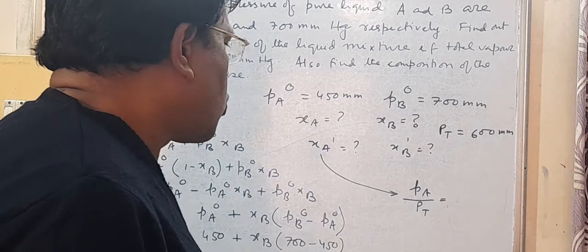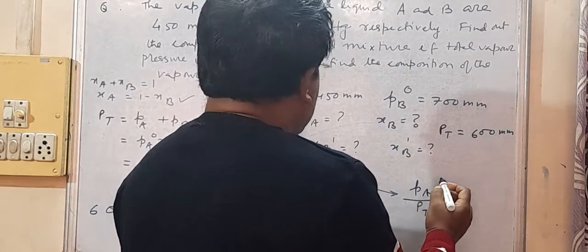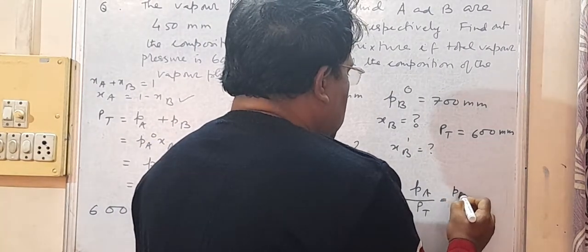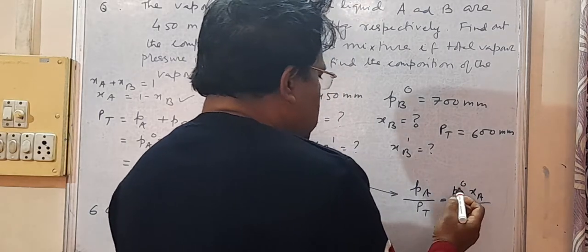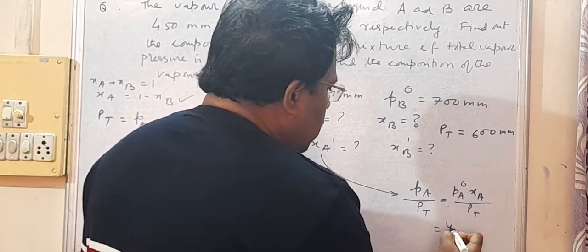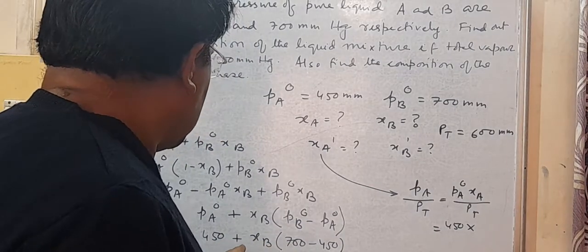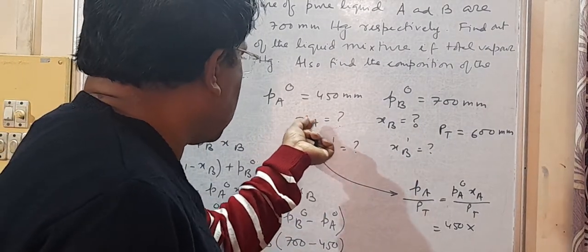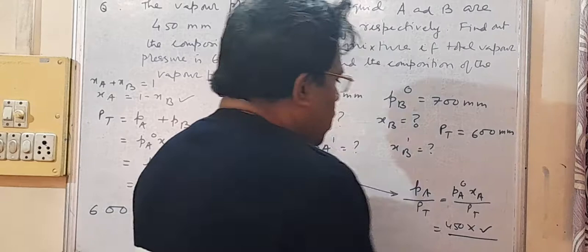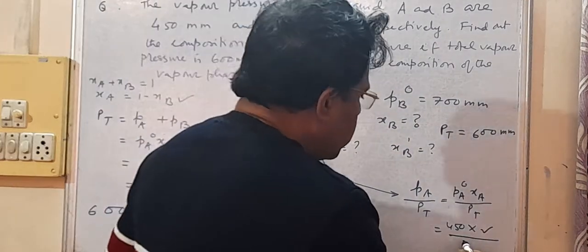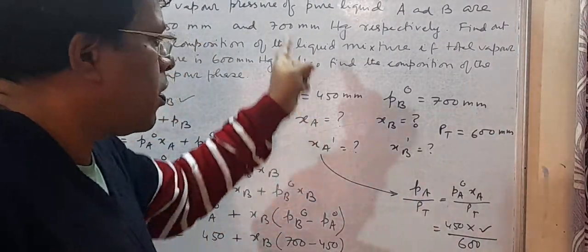And how much will be the partial pressure of A? That will be PA naught chi A by PT. PA naught is 450 into chi A, the value of chi A that you are getting here, that value you have to put here. PT is given, 600. So from here you will get the mole fraction of A in the vapor phase.